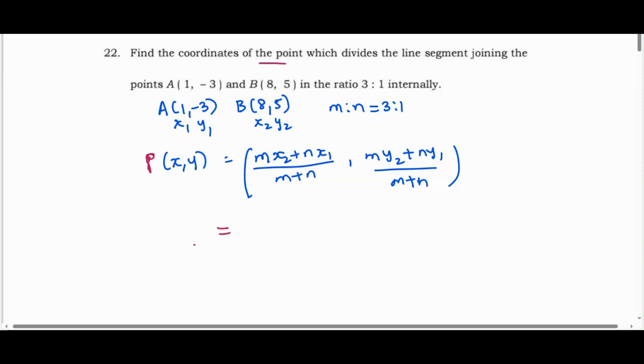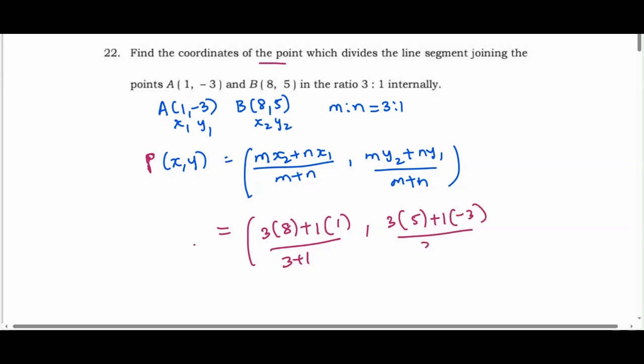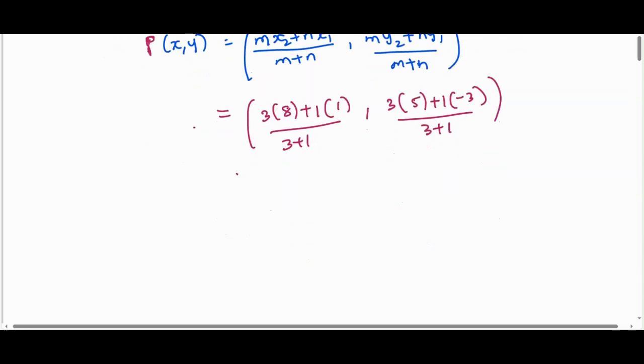Substituting the values, we get m is 3 and x2 is 8, plus n is 1 and x1 is 1, divided by 3 plus 1. Then m is 3, y2 is 5, plus n is 1 and y1 is minus 3, divided by 3 plus 1. So we have 8 into 3 is 24, 24 plus 1 divided by 4, comma 3 into 5 is 15 minus 3 divided by 4.